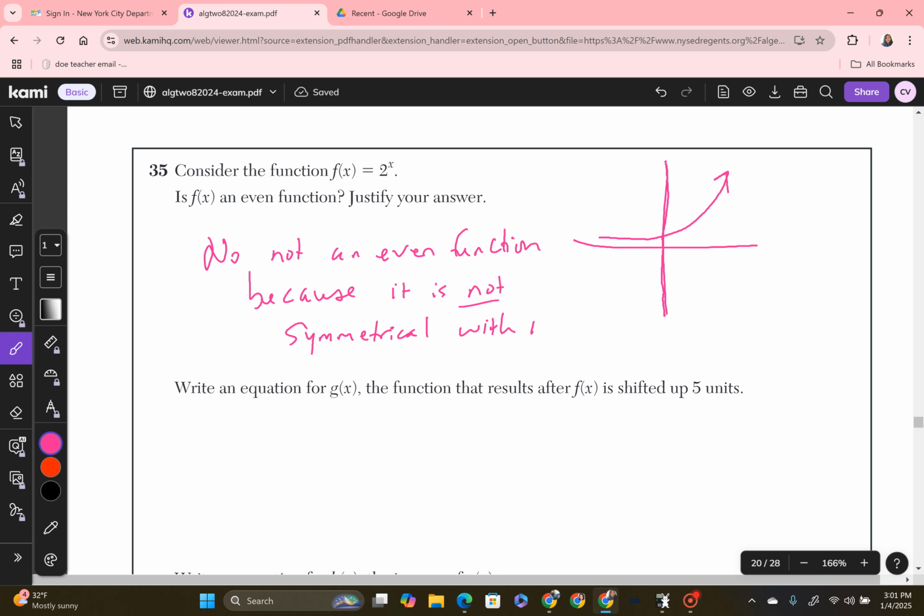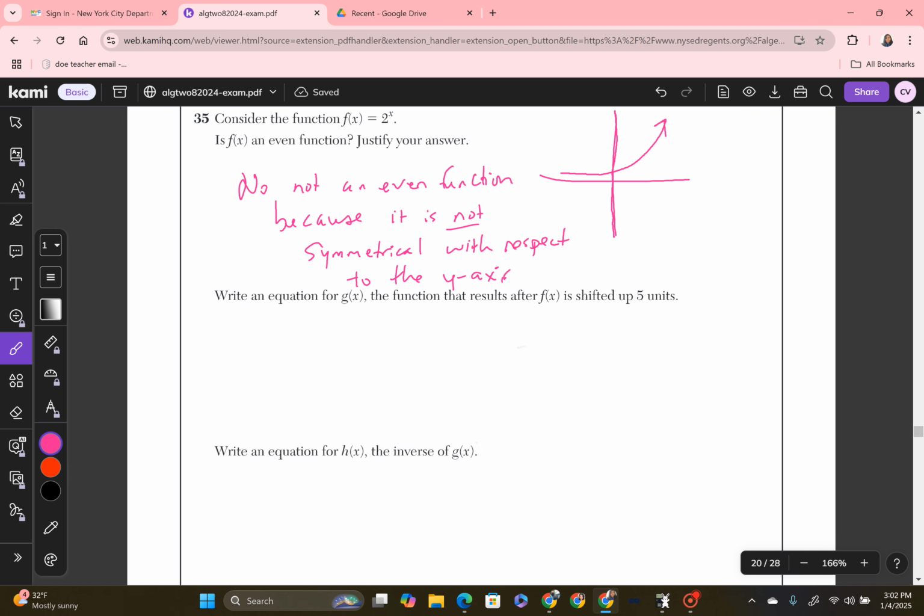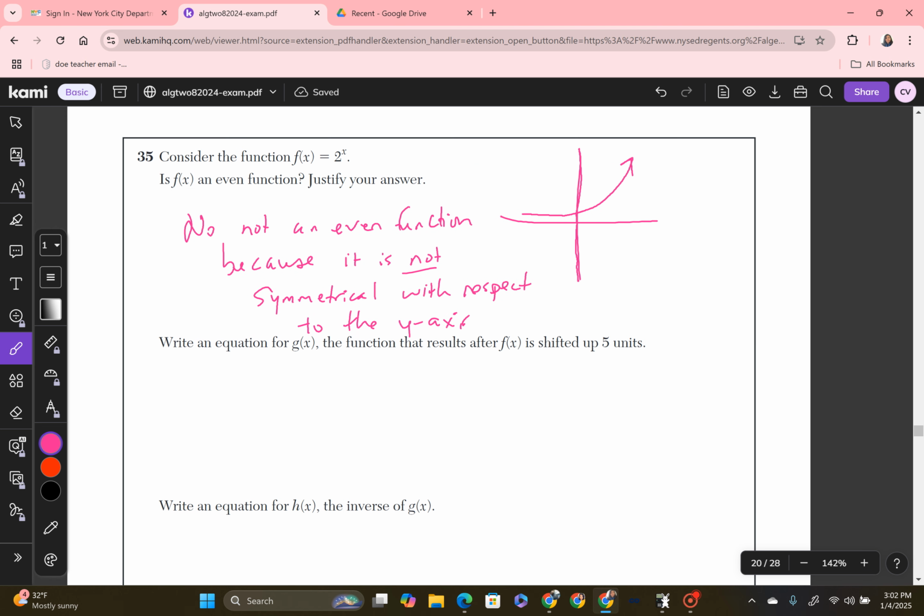With respect to the y-axis. Or you could say because when I fold it along the y-axis, it is not the same or symmetrical. Okay, so this is me justifying my answer. Write an equation for g of x, the function that results after f of x is shifted up 5 units.